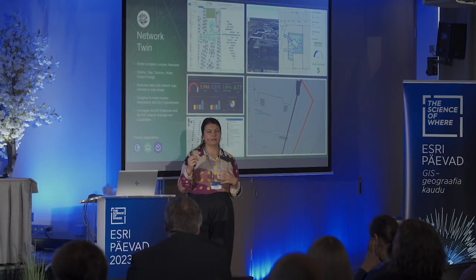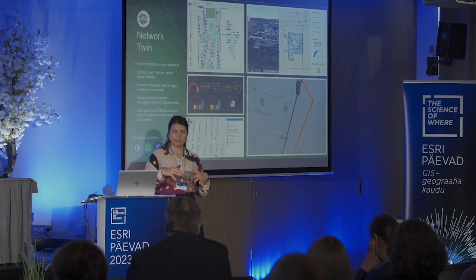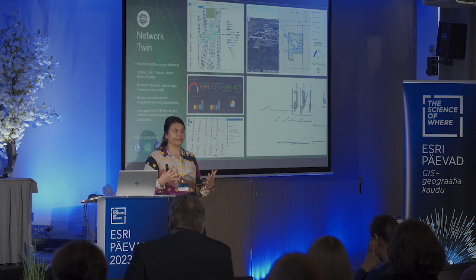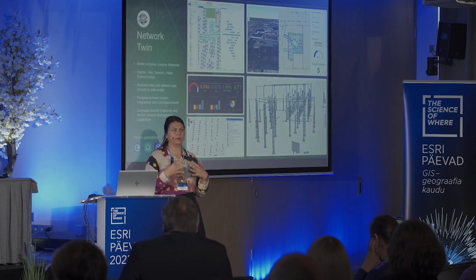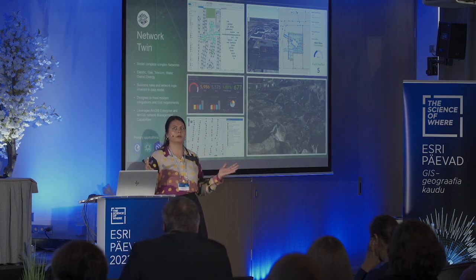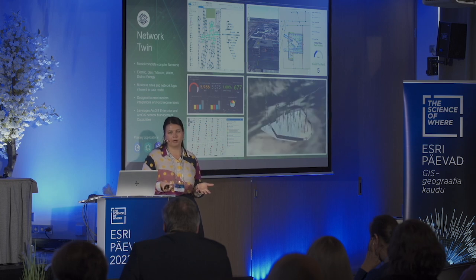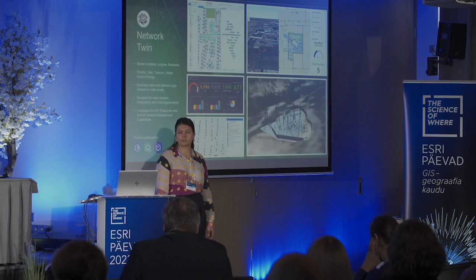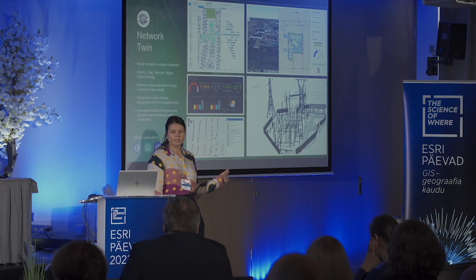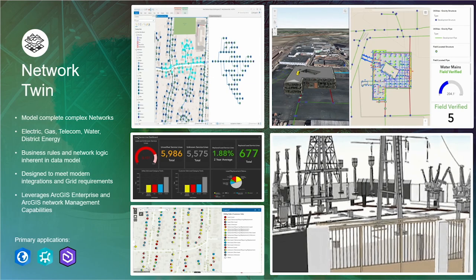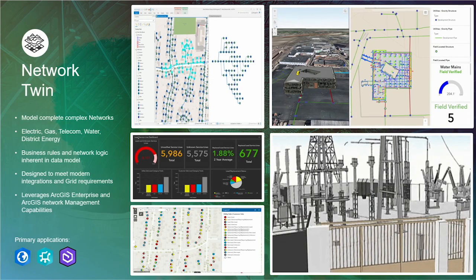Esri has been investing in this technology for 8 years now, and we have the most advanced technology on the market that helps you manage network management solutions. So the network twin leverages ArcGIS Enterprise and the utility network solution.